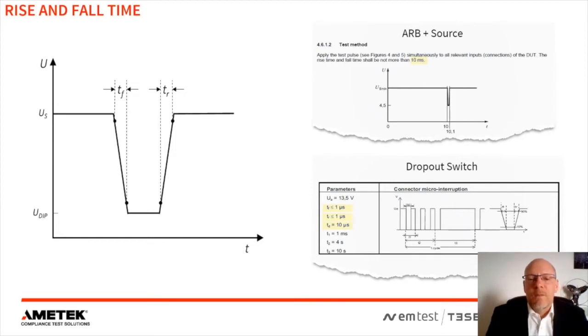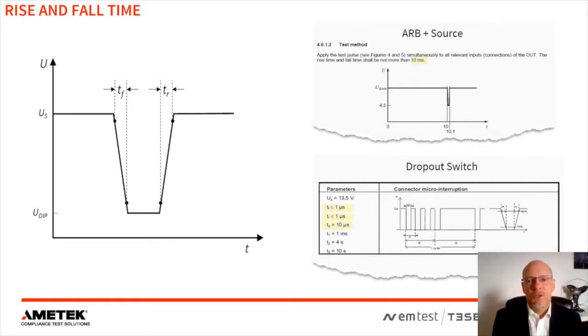On the other hand, from a manufacturer standard, you have both TR and TD less than 1 microsecond. Now, as great as our battery simulators are, and 4-quadrant battery simulators in general, 1 microsecond is too fast for the state-of-the-art battery simulator.